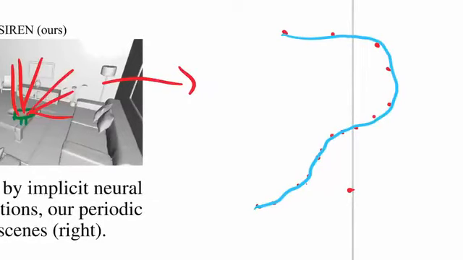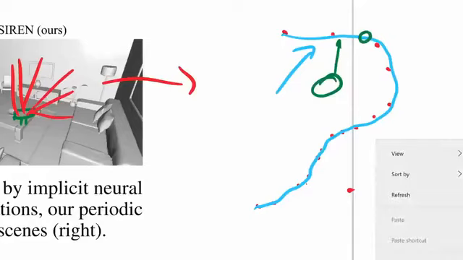So we're going to train a neural network that represents this shape right here, basically by mapping coordinates to signed distance values. So whenever we ask the neural network, what's the signed distance at this location here? It's going to tell us, oh, it's +5. Or at this location here, what's the signed distance? It's going to tell us it's 0, right? So we're going to train a neural network to do that.